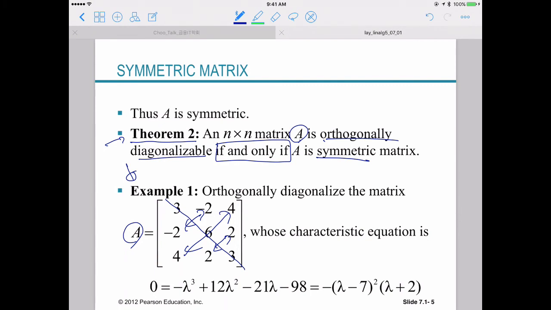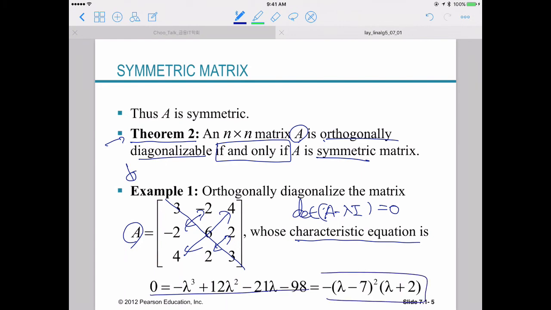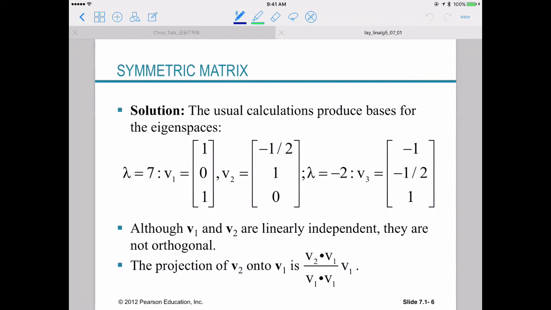Okay, then if we solve this characteristic equation, the determinant of A minus lambda I should be 0, right? Then it has this factorization, and so lambda will be either 7 or minus 2. Okay, so far so good.